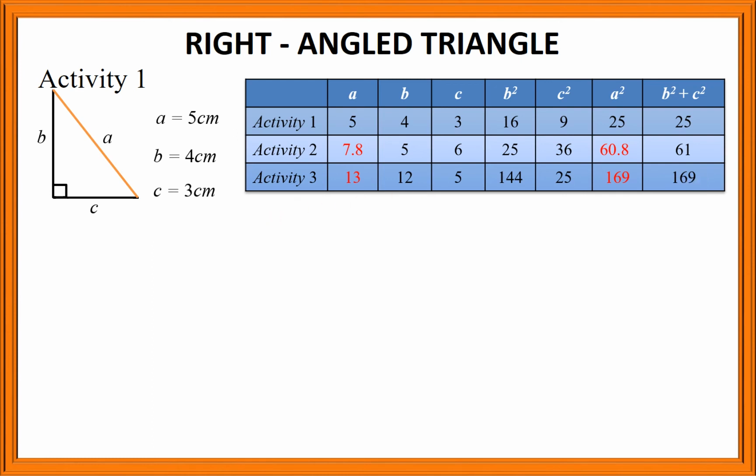Now, when we consider the two columns from the table here, we'll realize that the two columns for A squared and B squared plus C squared are the same. When we look at the second activity, A squared is 60.8, which rounded to the nearest whole number gives us 61, equal to what we have here. So when we compare the two columns, we'll realize that they are the same.